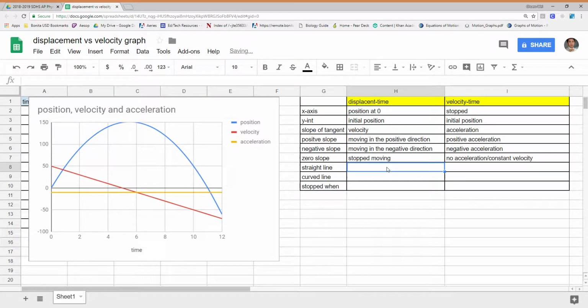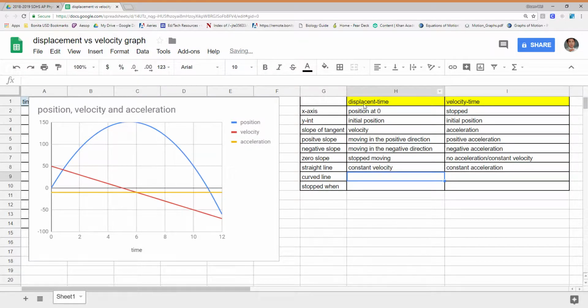Okay. Straight lines in a graph like this. So our displacement graph is curved, but if it had a straight line, then that means it has a constant velocity. If the velocity time graph is straight, which is what we have here, that means we have a constant acceleration. So in our class, we will almost always deal with constant acceleration, just so you know.